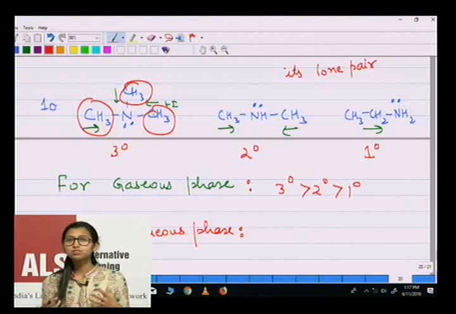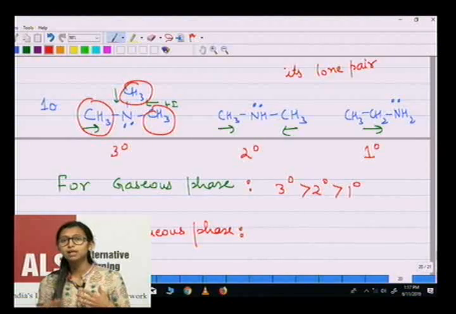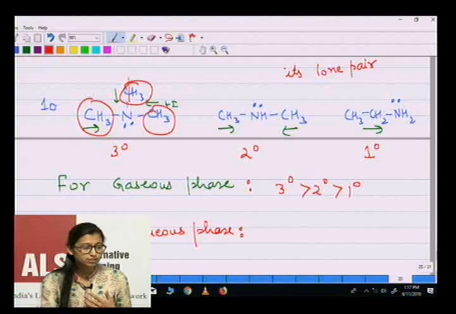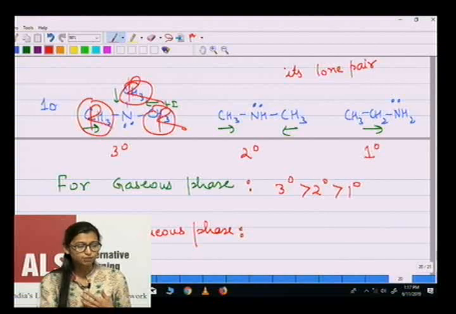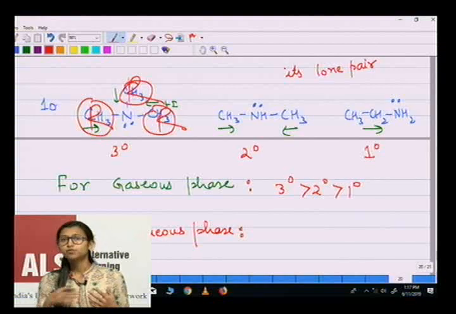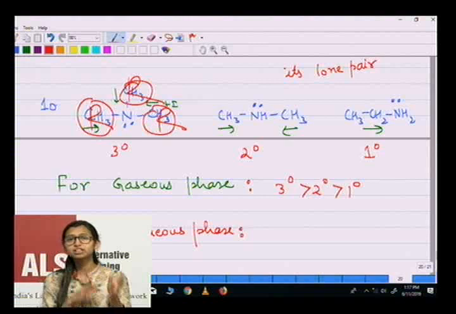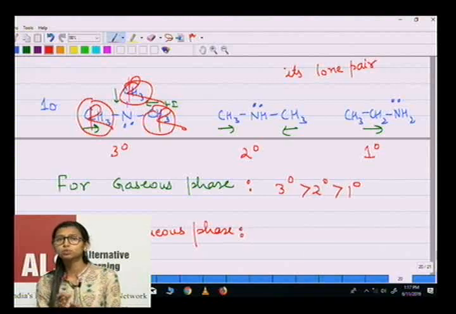In the gaseous phase, I can write any group, ethyl, methyl, propyl. I can have the symbol R itself. R is any alkyl group. For any alkyl group in the gaseous phase, the answer will be 3 degree, 2 degree, 1 degree.